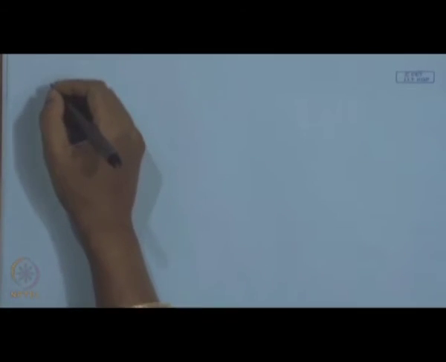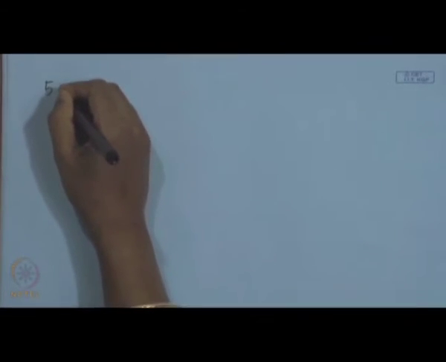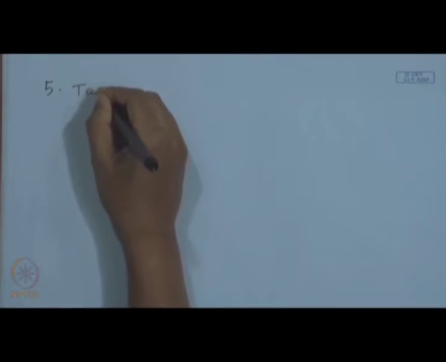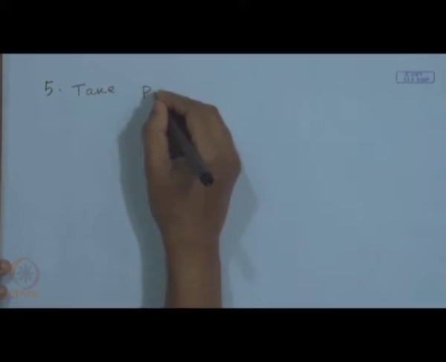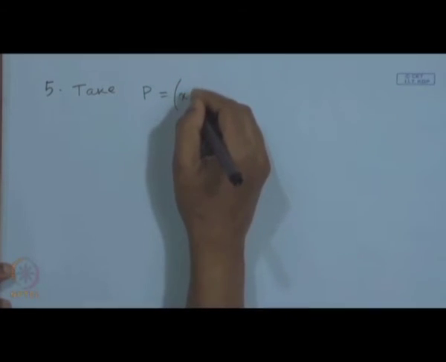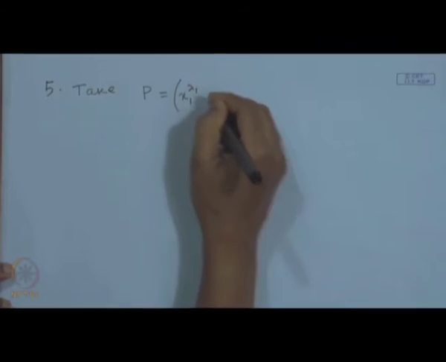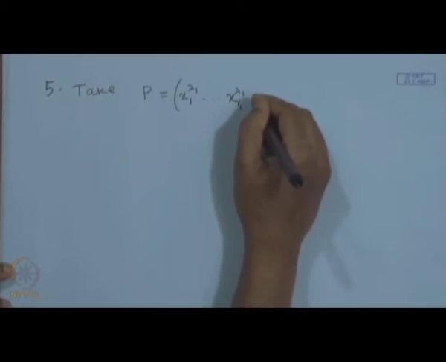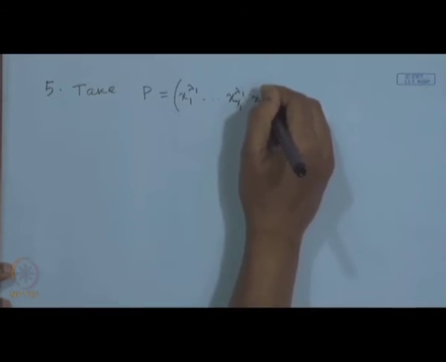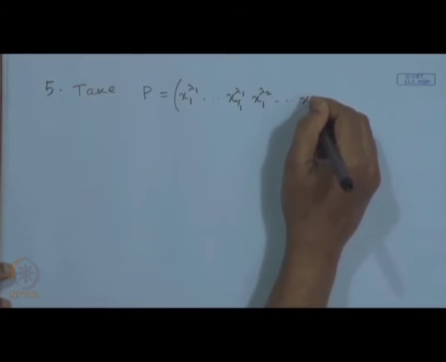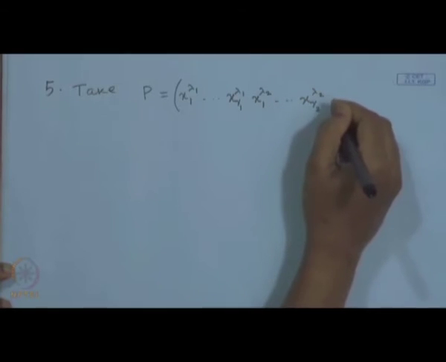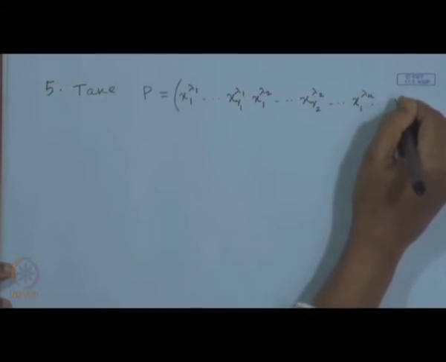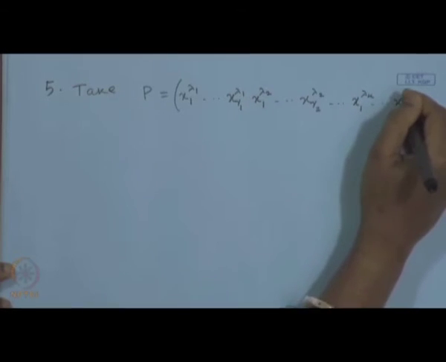So, now in this step we find the invertible matrix P. Take P to be the matrix consisting of x1 lambda 1 up to x gamma 1 lambda 1, then x1 lambda 2 up to x gamma 2 lambda 2, like this, up to x1 lambda k up to x gamma k lambda k.